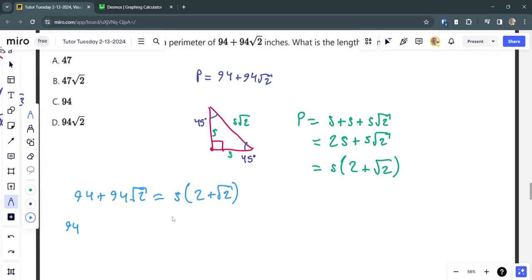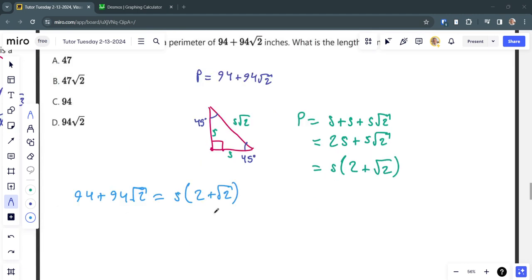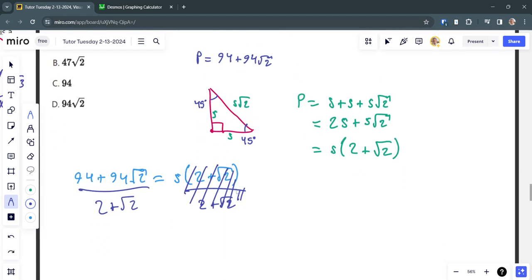Well, this isn't the most intuitive approach, so from here I could just divide by this coefficient of 2 plus square root 2. And then I can isolate my s. If you isolate the s, that's actually what we're solving for, so that's pretty beneficial for us to do.